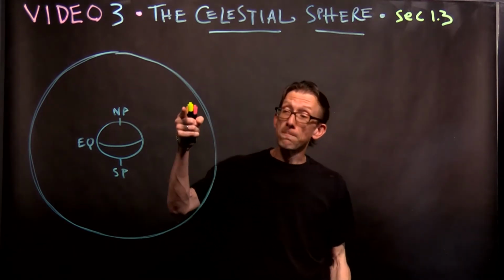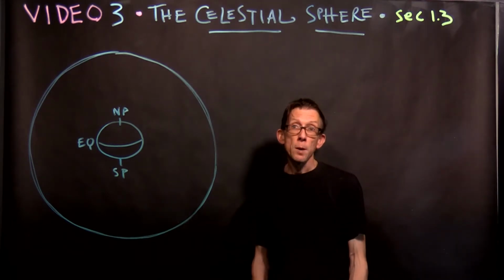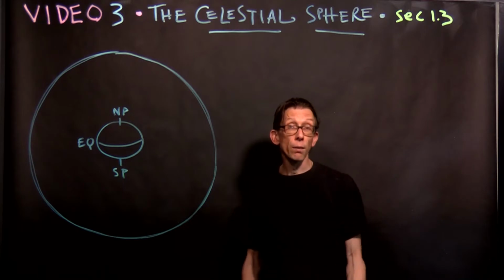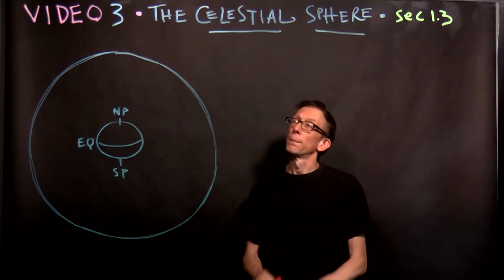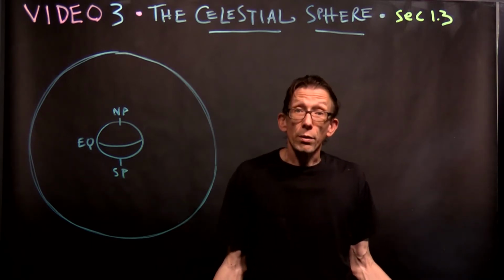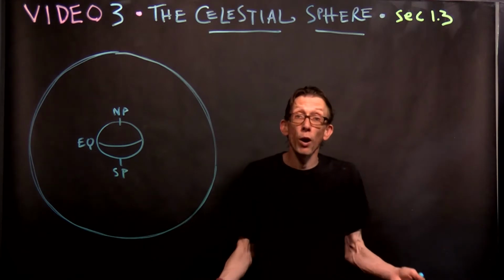Now, there's something else. I don't know if you're familiar, but let me back up. You know what latitude and longitude is on Earth. Latitude and longitude on Earth tells you where we are on the Earth.